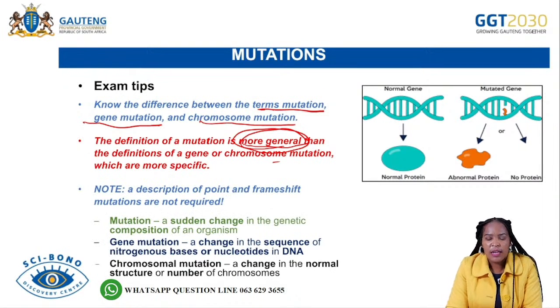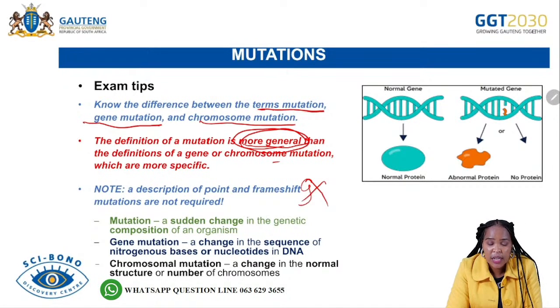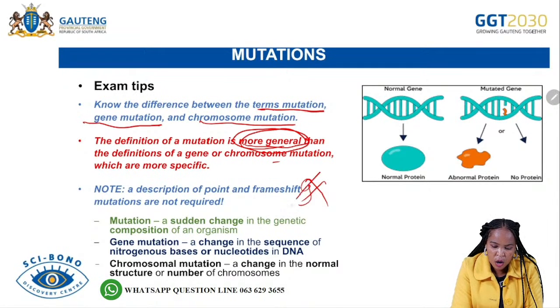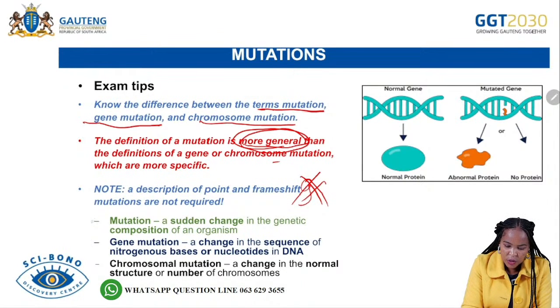Then please note that when you get your notes and the resources that you use, they will have further explanation on frameshift mutation or point mutation. Note that this is not required by the new exam guidelines. So you don't need to look into the detail of point mutation and frameshift mutation. So don't look into that. Let us look at the terms now in depth. We're going to start with the first one.